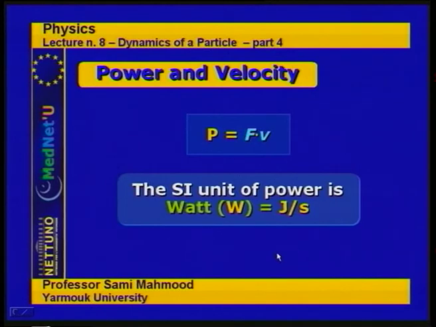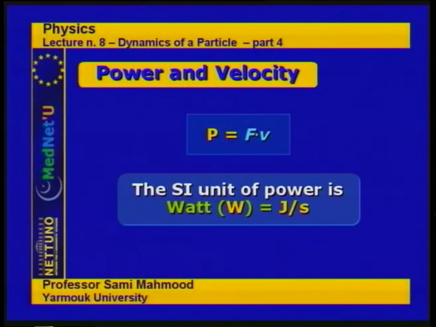Now, what are the units of power? The units of power can be derived from the definition of power. The power is work divided by time. And work is energy, as we mentioned, a form of energy transferred. Thus, work has the same units of energy, joule, in the international system.